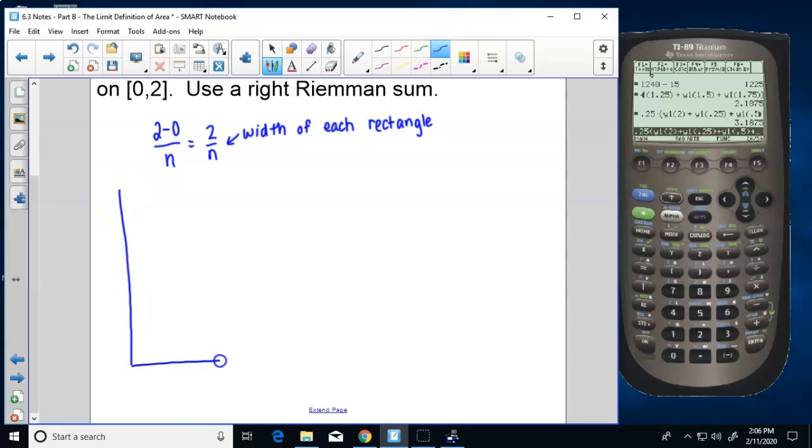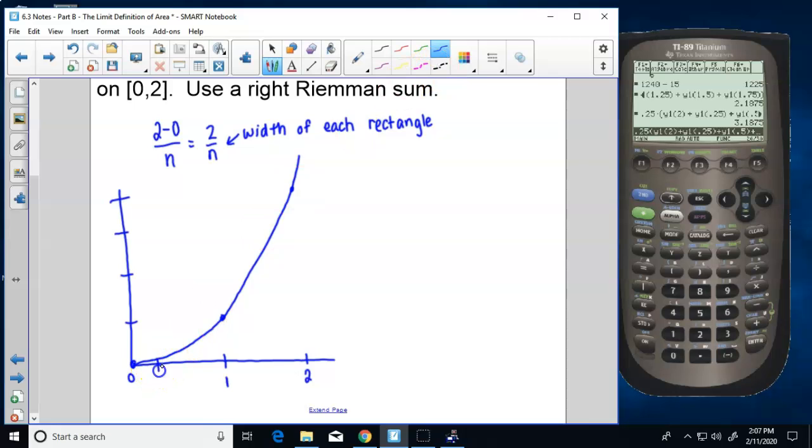I'm going to draw my graph here. So we're going from 0 to 2, same graph as we had before. Make it a little bit bigger so we can see it. And so we are going to split this into n partitions.